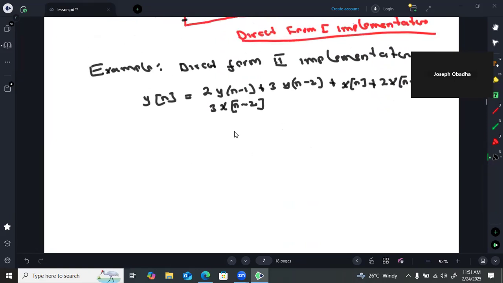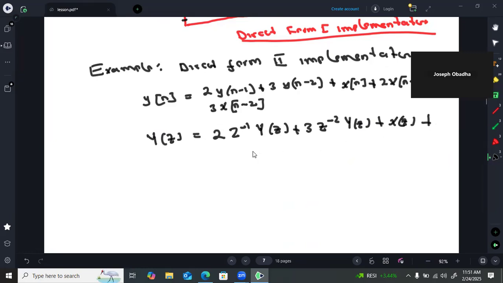And if we do that, we will obtain Y of z equal to 2 z negative 1 Y of z plus 3 z negative 2 Y of z plus X of z plus 2 z negative 1 X of z plus 3 z negative 2 X of z.